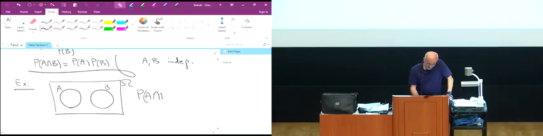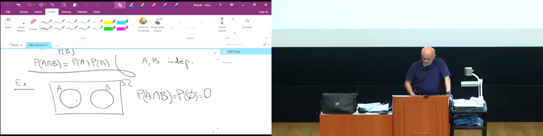Probability of A and B is the same as, what is A and B? The intersection of A and B, which is the empty set. And what do we know about the probability of the empty set? It is 0. Now the way I've drawn it, A has a positive probability, and B has a positive probability.